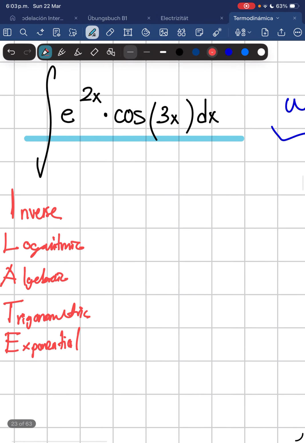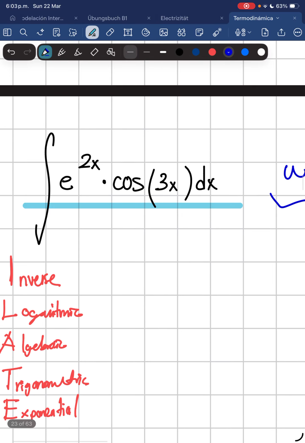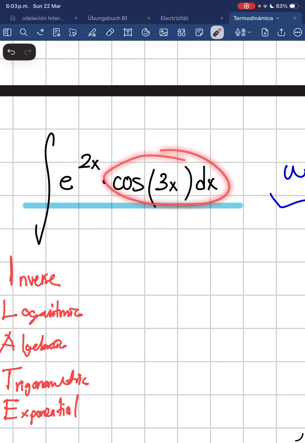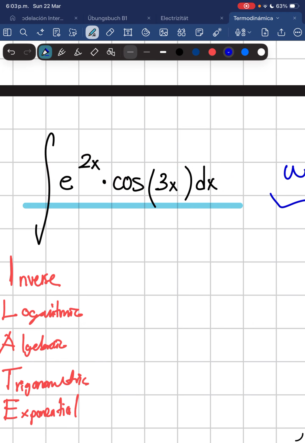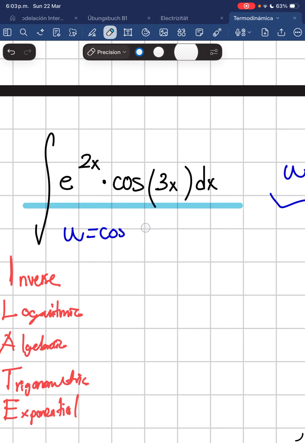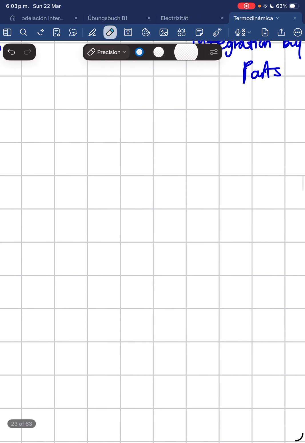In this case, we have a trigonometric and an exponential one. So the one that is gonna be our u is the trigonometric one. So we're gonna establish u as cosine of 3x, and now we're gonna establish our dv.